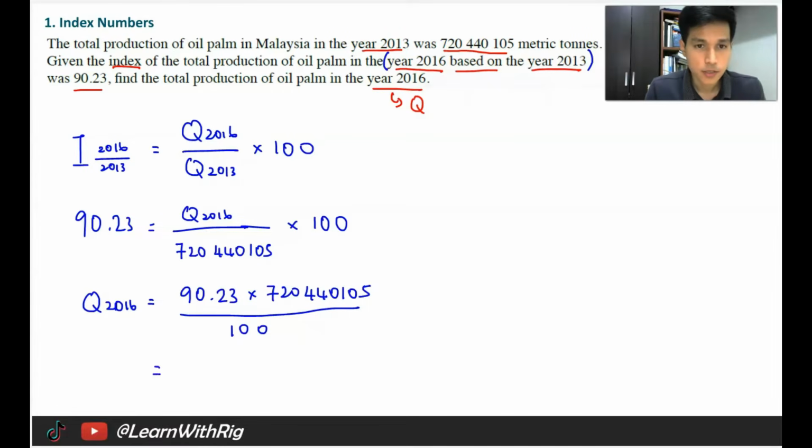So your answer should be Q 2016, right? It should be 650,053,106.7 metric tons.